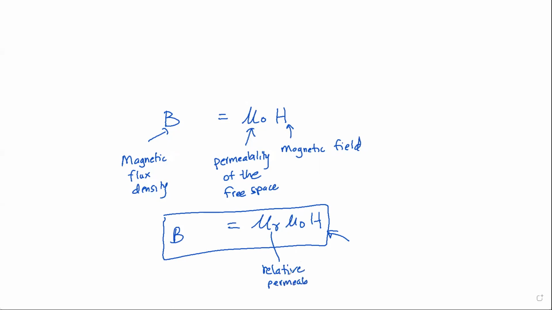The word permeability is used to define how much ability the medium has to generate a magnetic field. So mu is the ability of a medium or a material to generate a magnetic field.